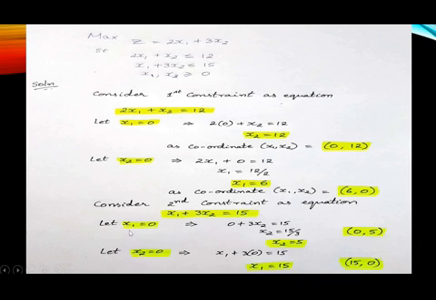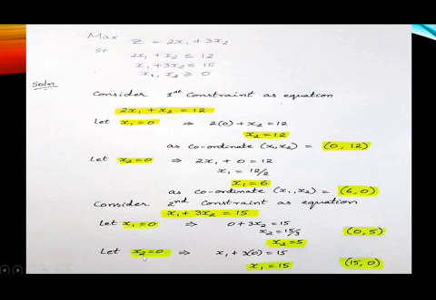So same procedure, let x1 is equal to 0. When I put x1 is equal to 0 in the equation, 0 plus 3x2 is equal to 15. x2 is equal to 15 by 3. So what happens to x2? x2 will be 5. So the coordinate will be 0 comma 5.